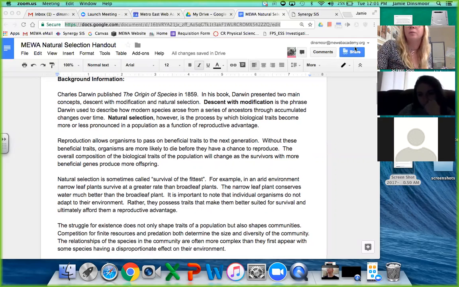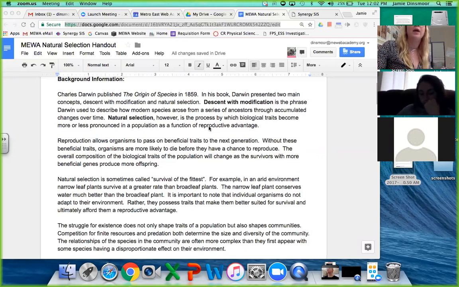He went through these two theories he had: descent with modification, which basically means that all species have a common ancestor. And his other concept was natural selection, which is the process by which traits become more or less pronounced.